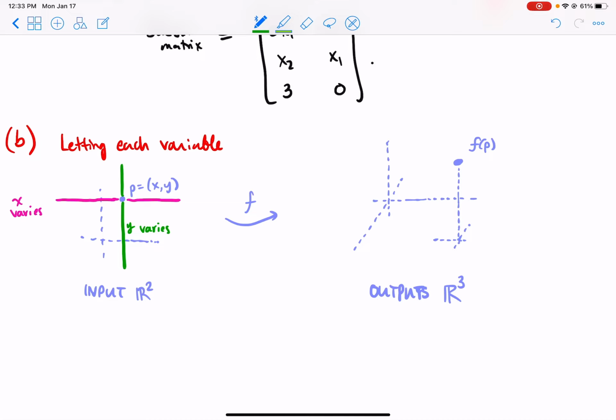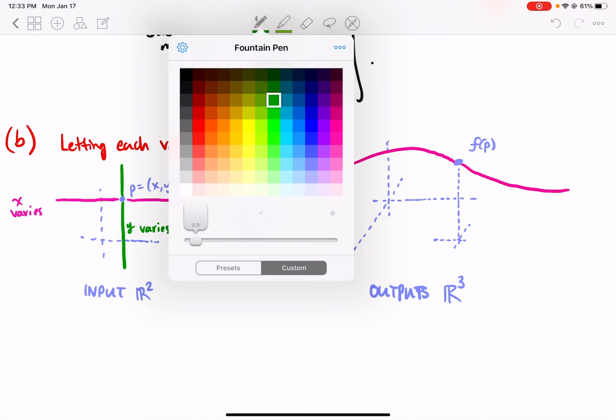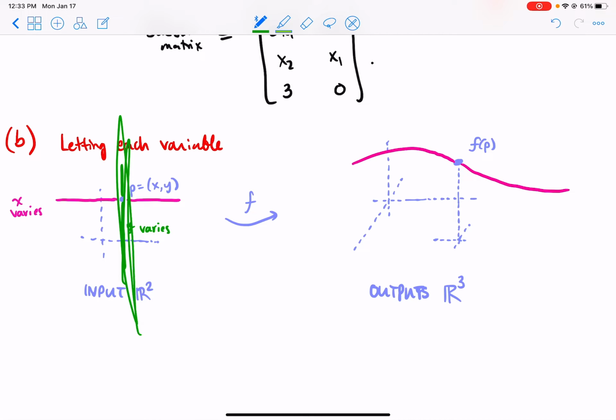And so what happens is that every point here can get mapped over. F can map it to some point. F can map it to some other point. And so the entire horizontal line becomes some curve in the output space. This entire vertical line, as y varies, becomes some other curve in the output space.